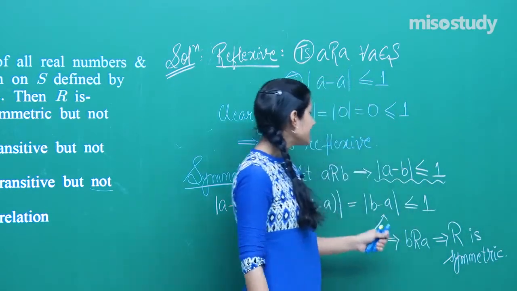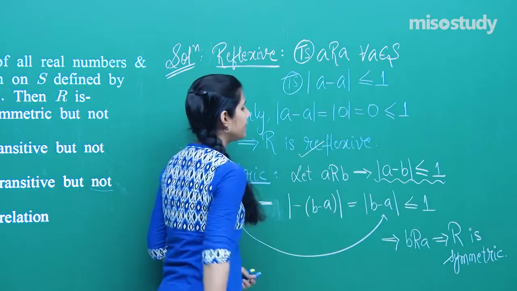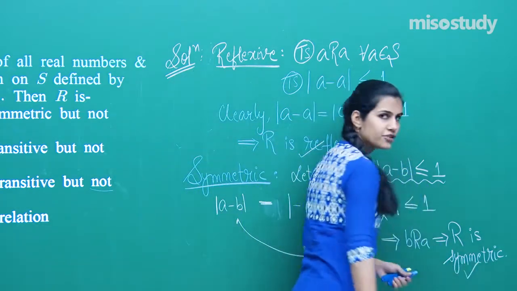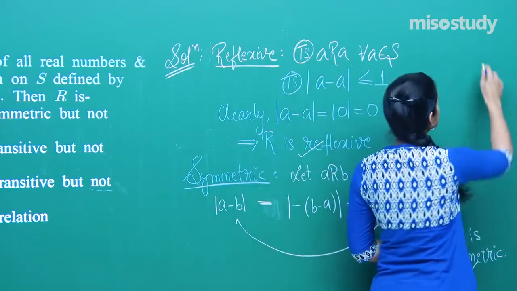So that means yes, R is definitely reflexive and symmetric. Let's check if it is transitive or not.